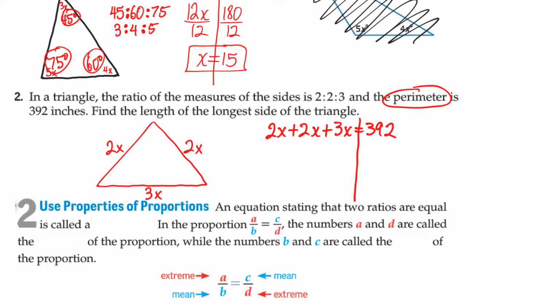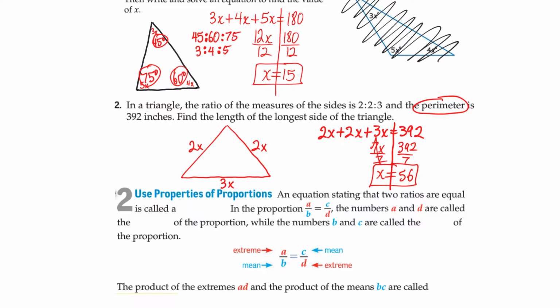All right, so if we solve that, how many x's is that? So 7x equals 392, so x equals 56. Okay, so I said for every 2 parts here, it's 2 parts here, it's 3 parts here. Now, again, I know what parts means on this one. It means 56.